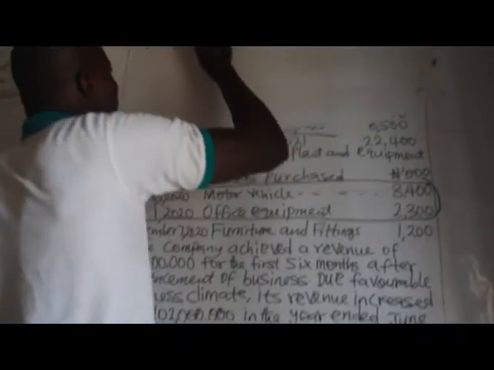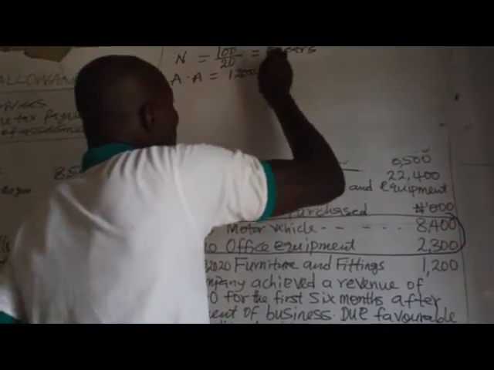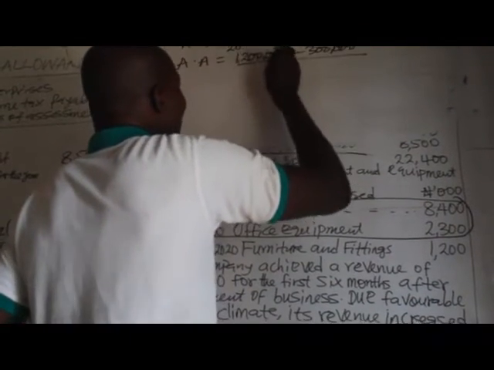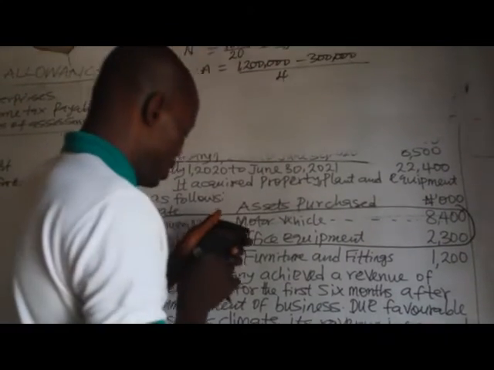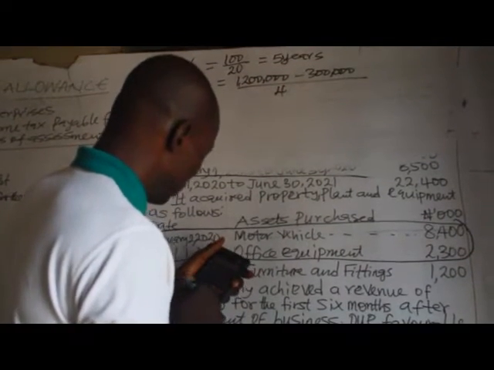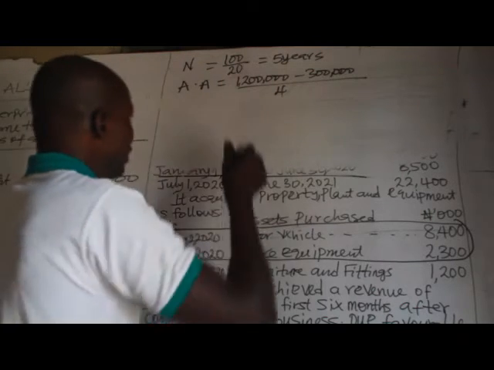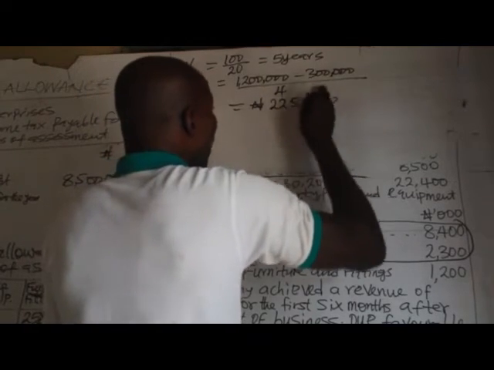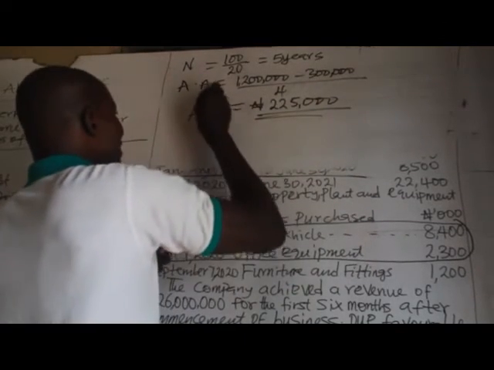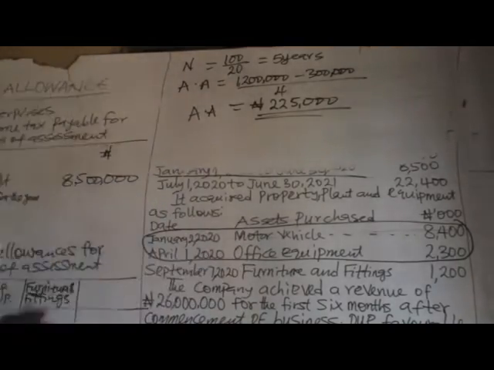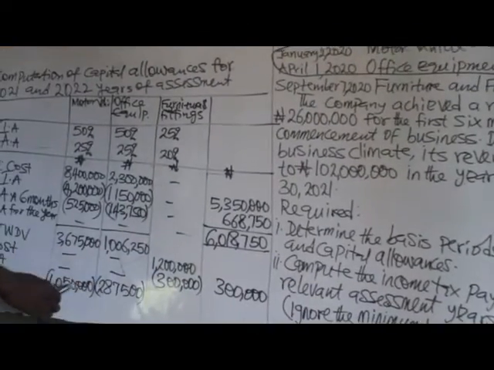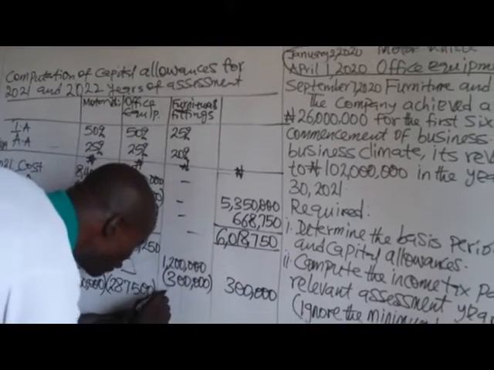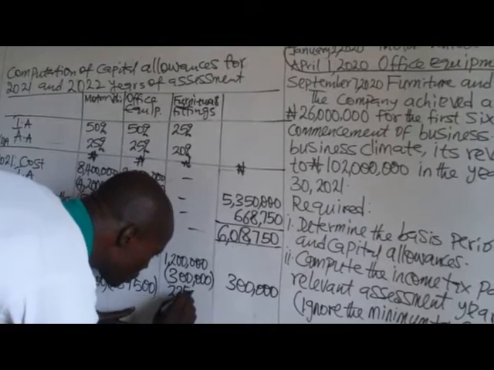So 1.2 million minus 300,000 over 4. So that gives us 225,000. You are going to claim annual allowance on furniture and fittings in full because the number of months in 2022 year of assessment is up to 12 months. So you claim the annual allowance in full, 225,000.